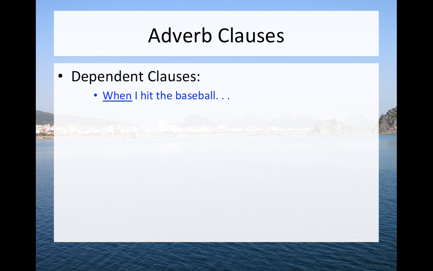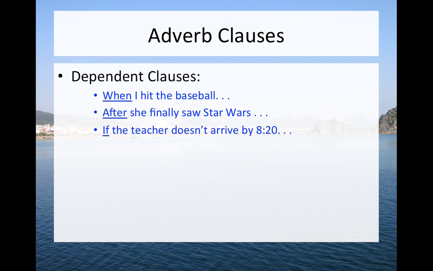Dependent clauses. Remember, when I hit the baseball. That can't stand alone by itself, and it's an adverb because it starts with a subordinating conjunction, when. After she finally saw Star Wars. Again, dependent clause. After is the subordinating conjunction. And if the teacher doesn't arrive by 8:20.